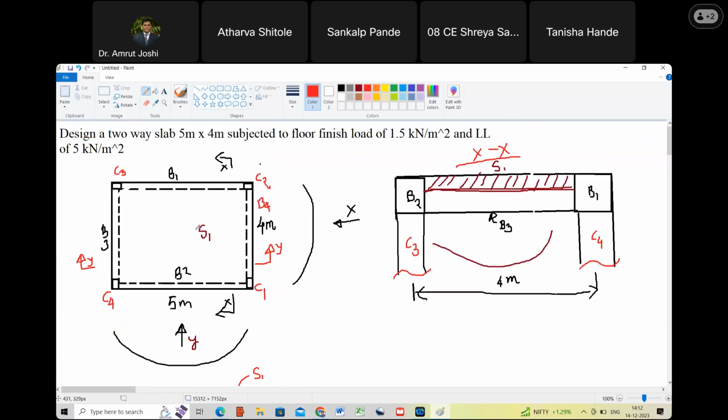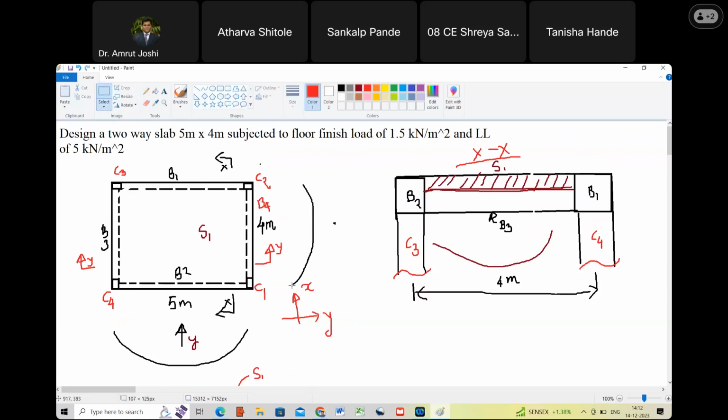Okay. So now the question is, I have to design this slab for bending in two planes. Let me call this as X, and let me call this as Y. Are you with me?